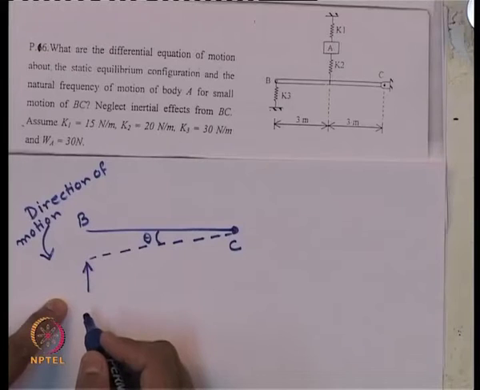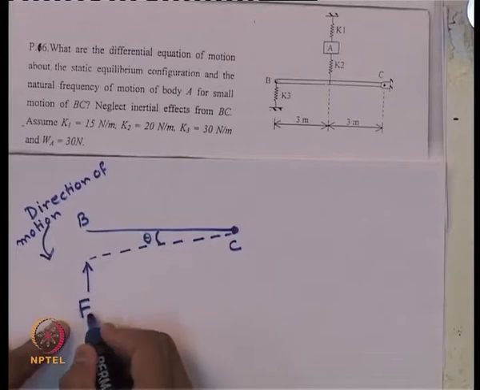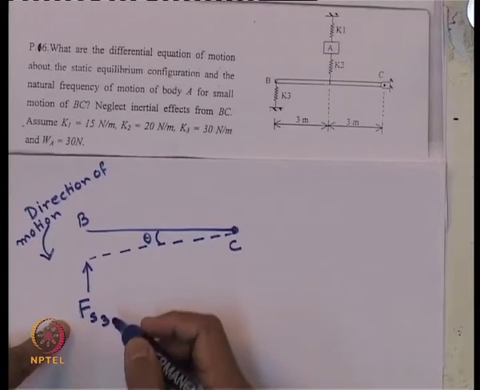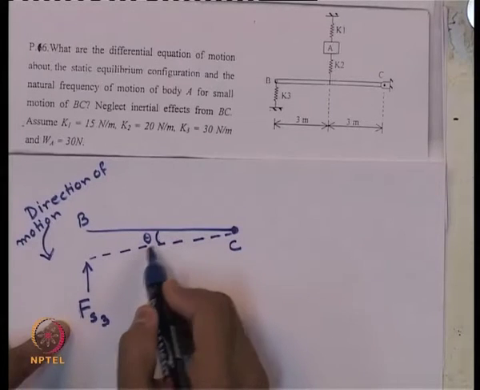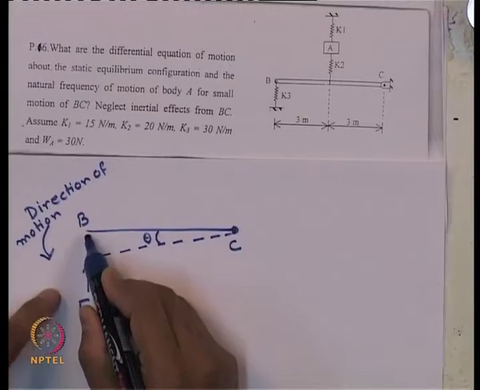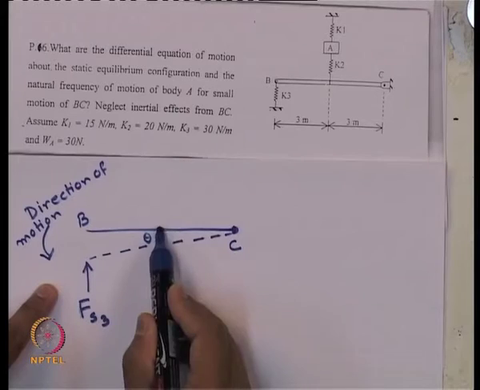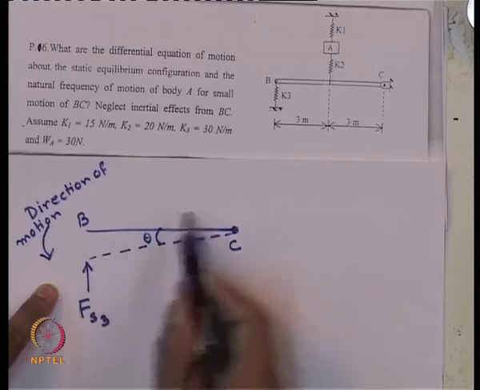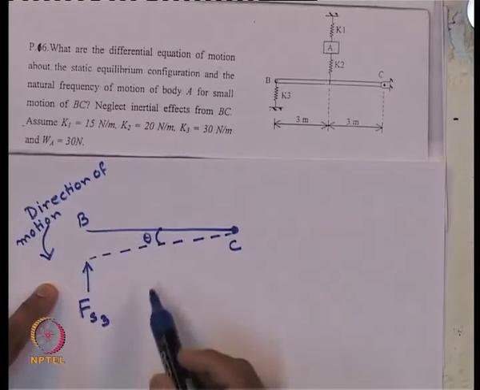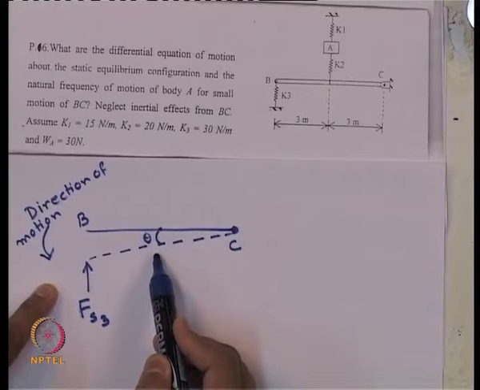Let us denote that spring force as Fs3. Subsequently, at the midpoint, another spring is connected here, as you can look, and that also has gone through a displacement here.